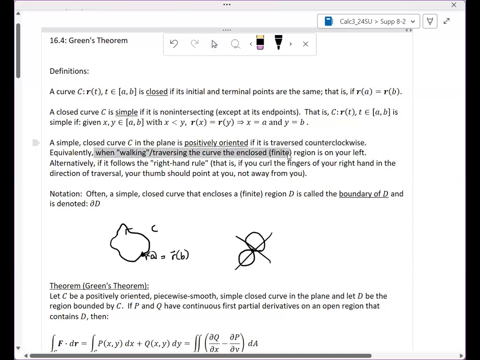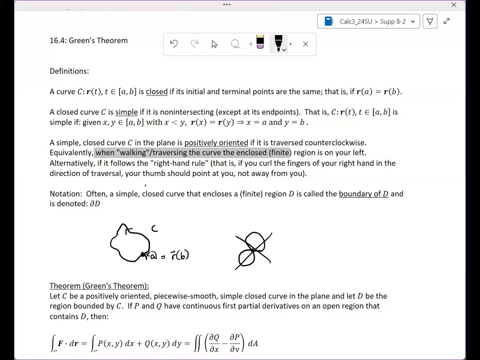We can also talk about when walking around the curve, so to speak, if we were to physically imagine ourselves standing on this curve and walking in the direction of the arrow, the enclosed region, maybe we call it D here, the finite region, this closed curve splits the two-dimensional plane into two regions, an infinite region on the outside and a finite region on the inside. This finite region is to our left.